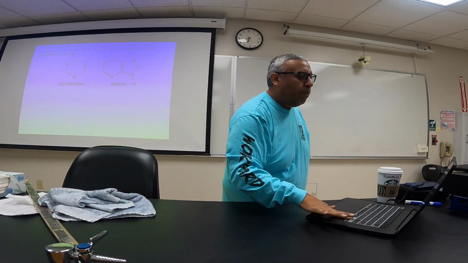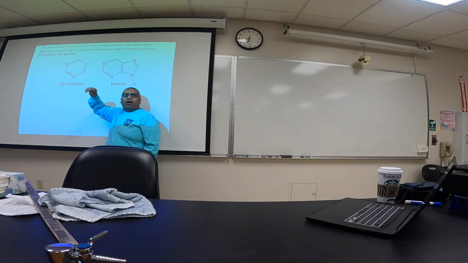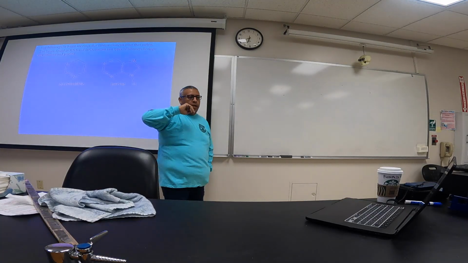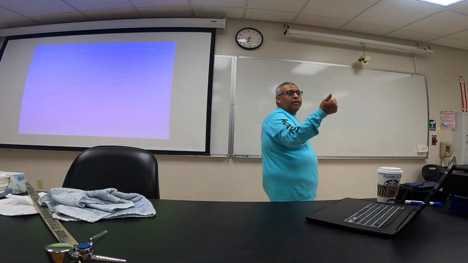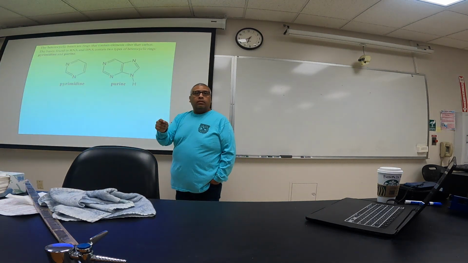So let's first talk about this base. There's two types of bases that we're going to see on that particular nucleotide. One is considered to be a pyrimidine. That's not the name of the base. That's just the type of the base.